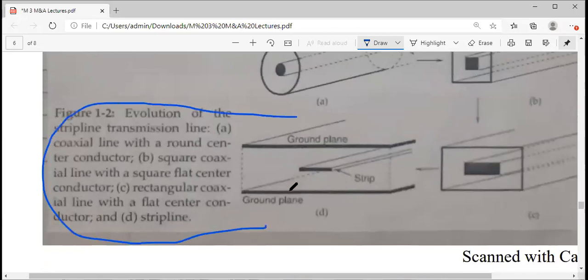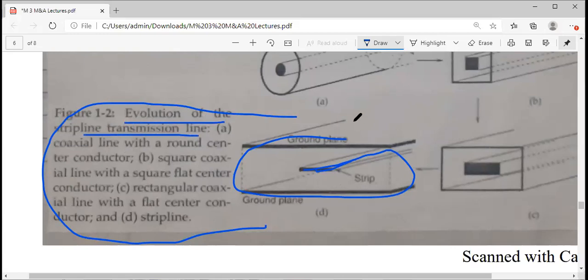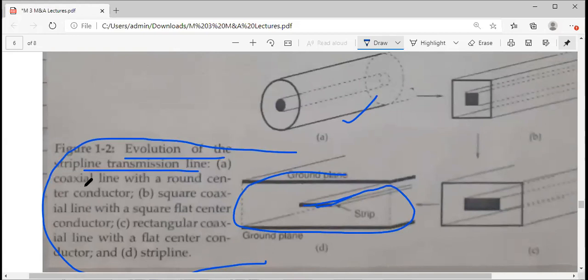Whatever I have written here, in this structure you can see, this thing in the middle is a strip that will be there inside. Like a sandwich, it is placed in between. This is the main concept of a strip line. Evolution of the strip line transmission line: the first one is here, the coaxial line with a round central conductor. This is the coaxial cable. The second one, B, is the square coaxial line with a square flat center conductor.